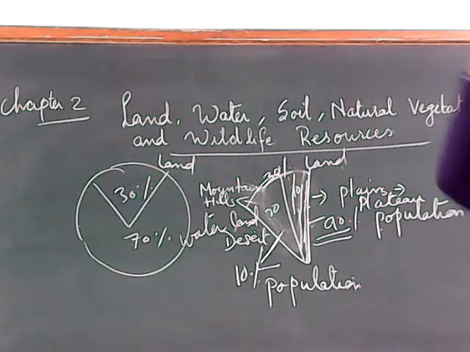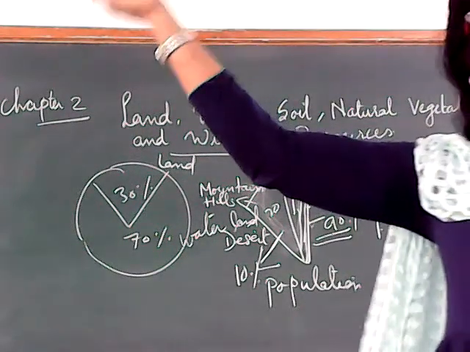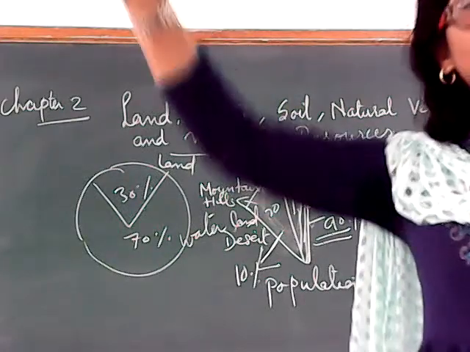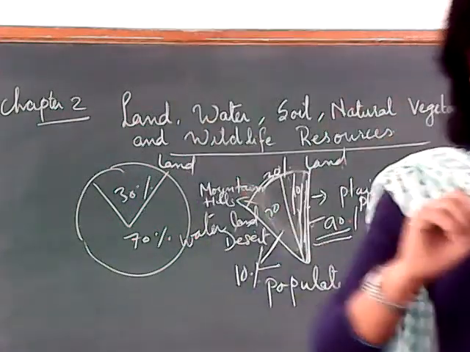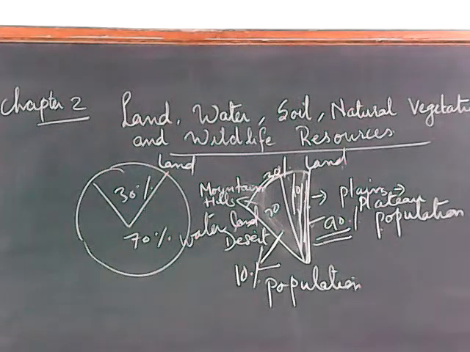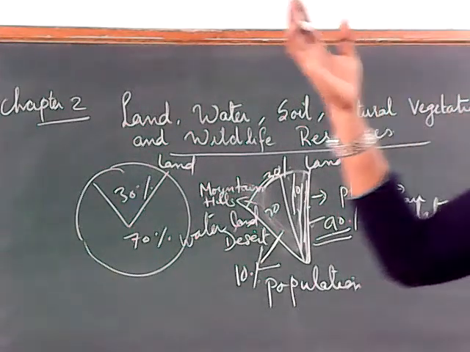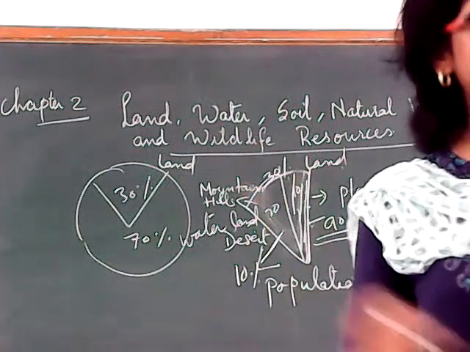Then they have to carry everything and go to other, higher areas, or manage the whole year. That is why people, especially in Bihar, have to go to other states.